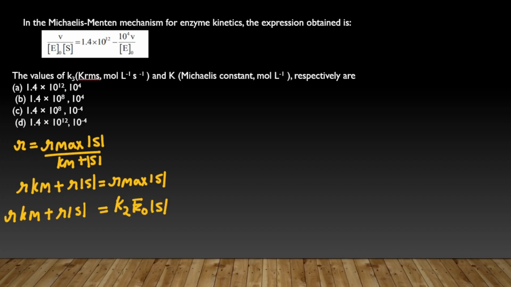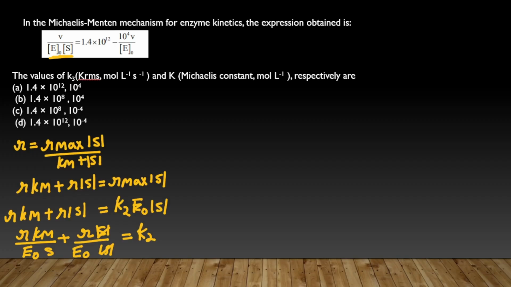Take this E naught into S in the denominator because in the given expression it is there. So we get R into Km upon E naught into S plus R upon E naught. This S and S value will get cancelled out, so you can write it like this: this is equal to the K2 value.